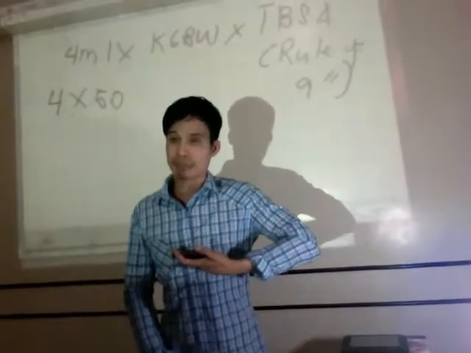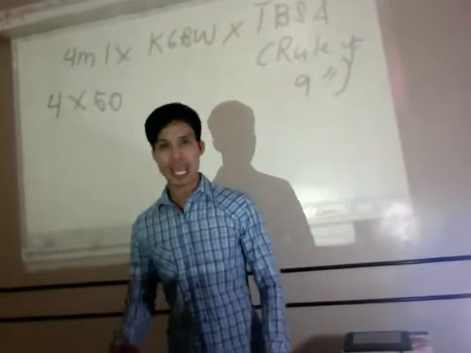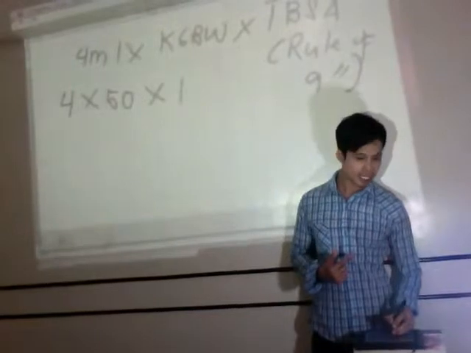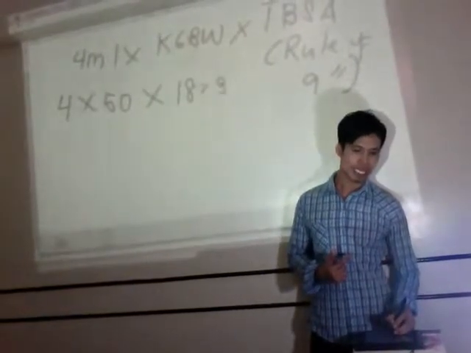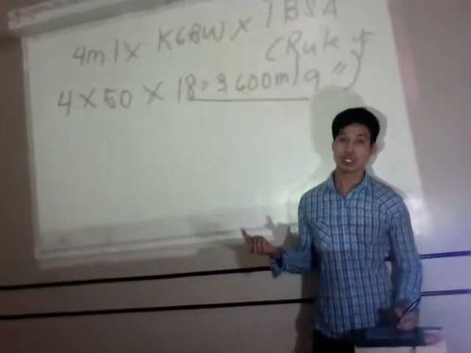So the chest is 9%, and the abdomen is another 9%, so a total of 18%, right? So 4 times 50 times 18 will give us 3,600 ml, and this will be your total fluid replacement.